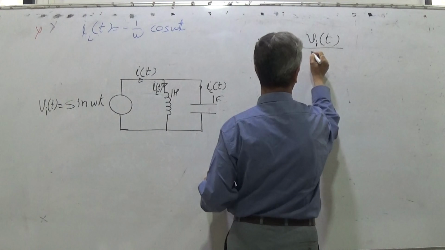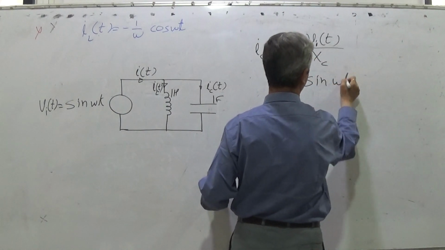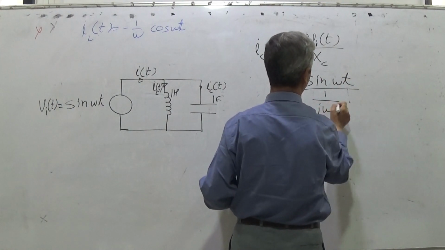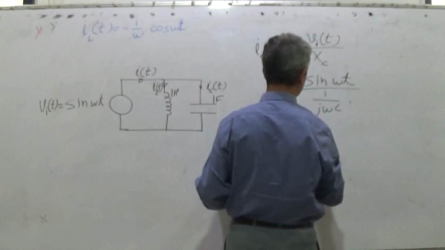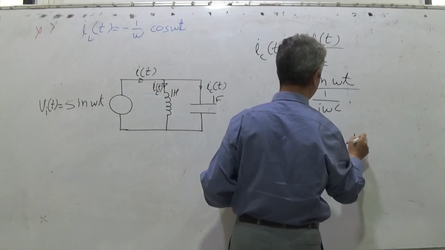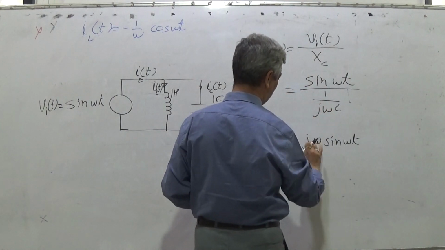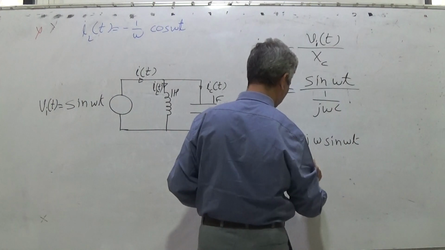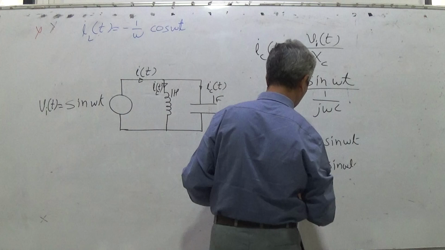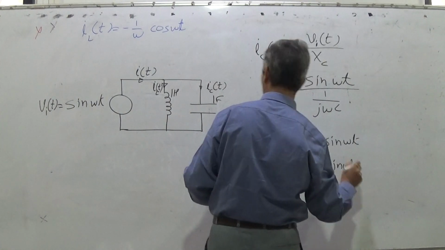That is equal to sine omega T upon 1 upon J omega C, C is 1. So this is J omega sine omega T. If I just take omega on this side, I don't skip omega J sine omega T, that is omega cos omega T. J sine is cos.